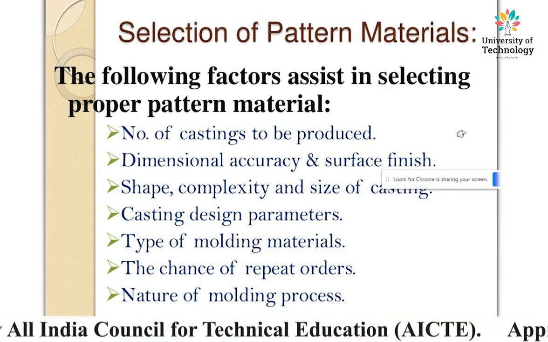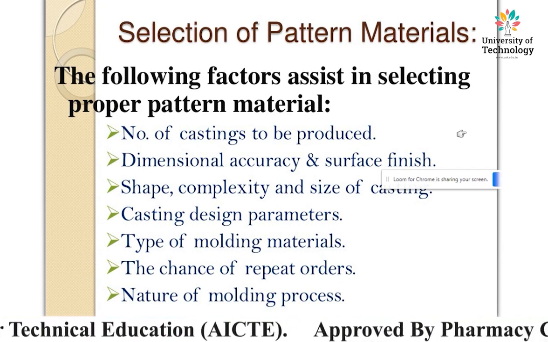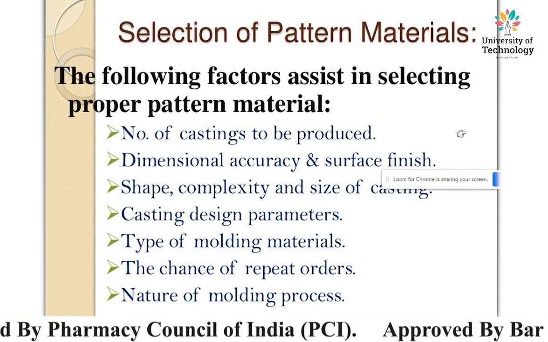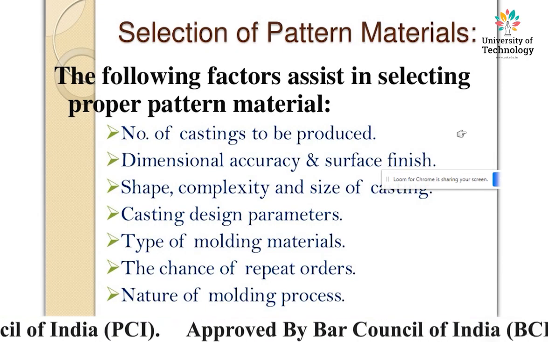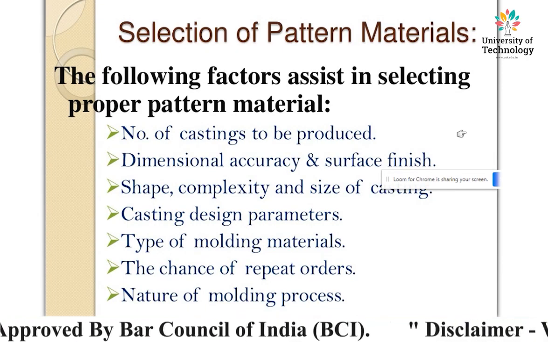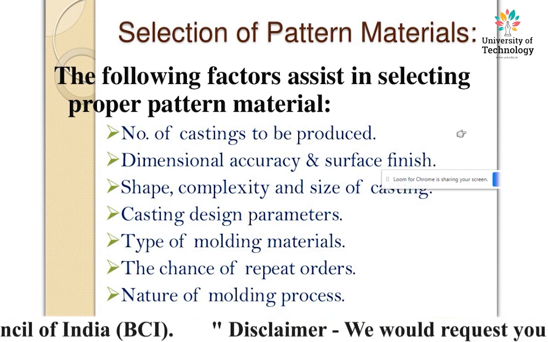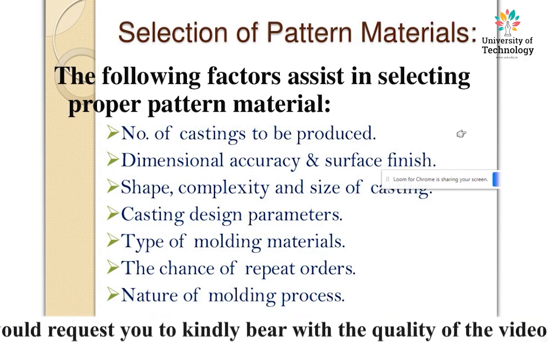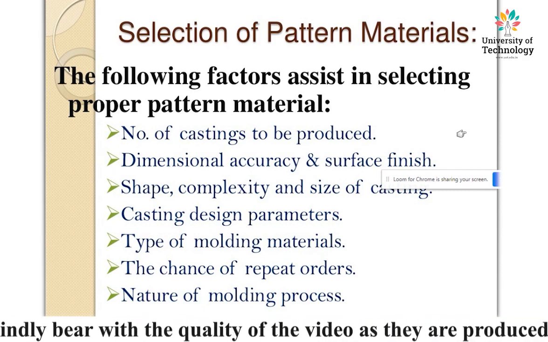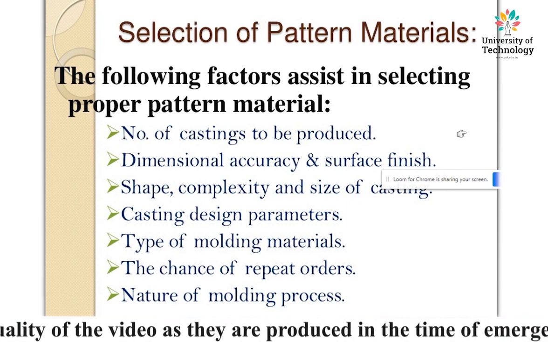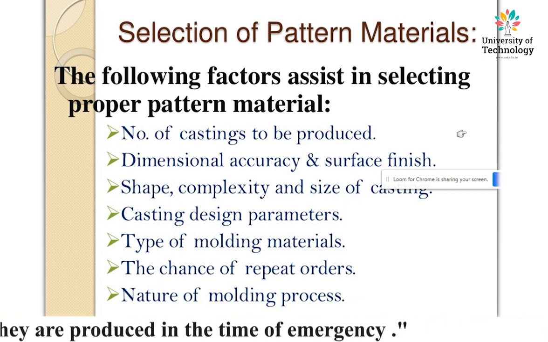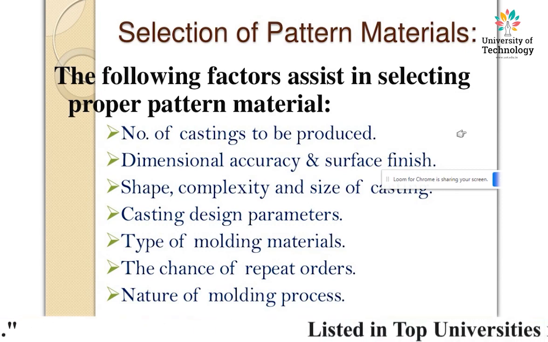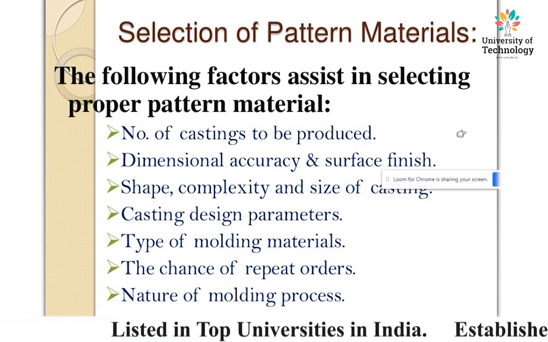Selection of pattern materials. The following factors assist in selecting proper pattern materials. Number of castings to be produced. The first factor is how many products we want to cast, the second is dimensional accuracy and surface finish, and third is shape, complexity and size of the casting.